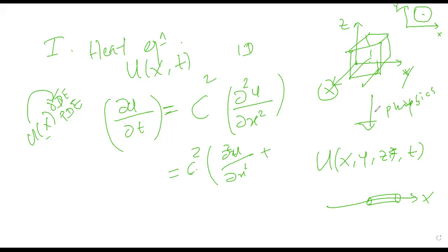But for some reasons, we are restricting our studies to only one dimension. I'm just introducing what happens if you have two dimensions. This part is already there, and this only depends on t, time.